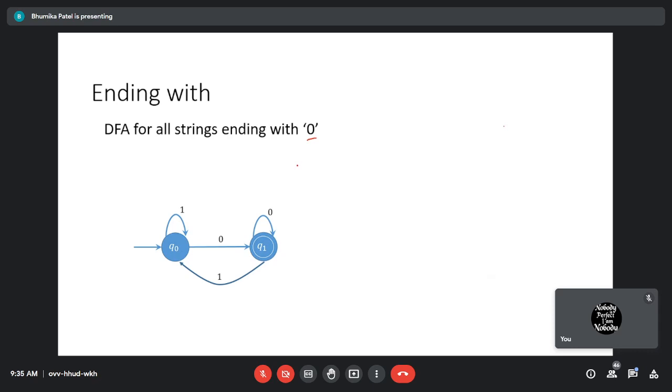So this is the DFA for all strings ending with 0. All strings ending with 0 must be accepted; if any one string is left out, then it is not a proper DFA.